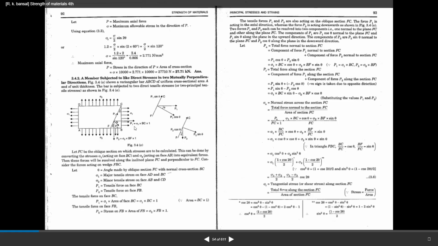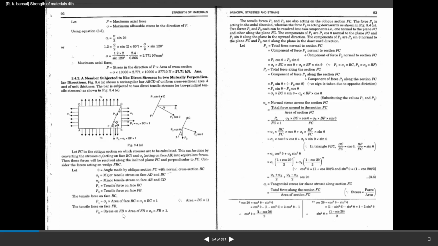You know the values: P1 equal to sigma 1 into BC into 1, and P2 equal to sigma 2 into BF into 1. The tensile force on BC, P1, equals sigma 1 into the area of face BC, that is sigma 1 into BC into 1.